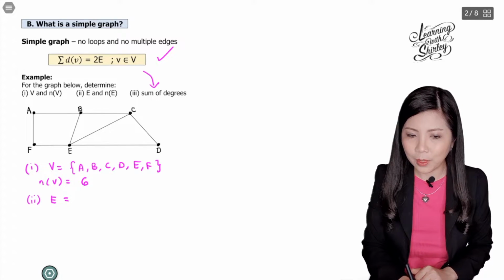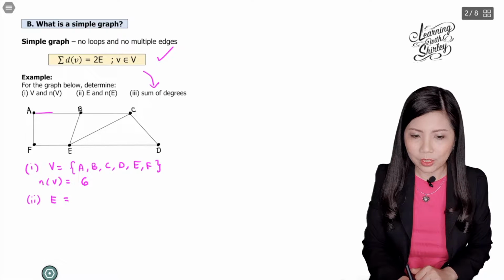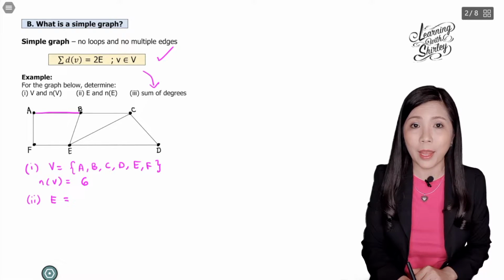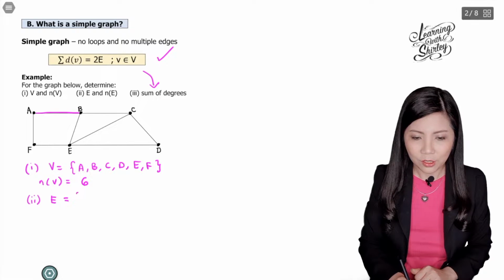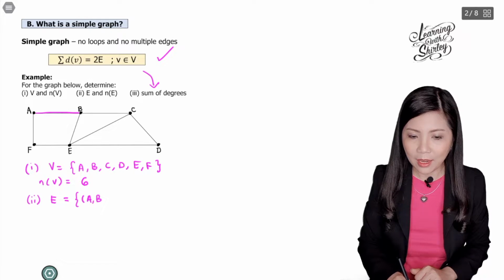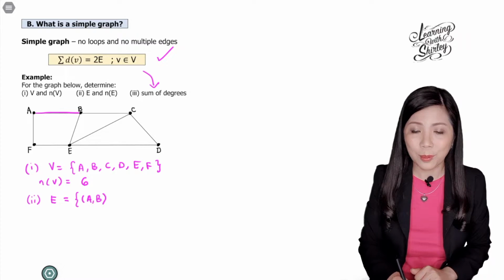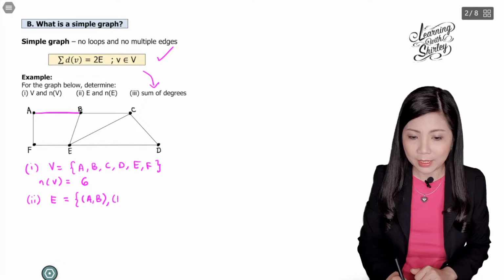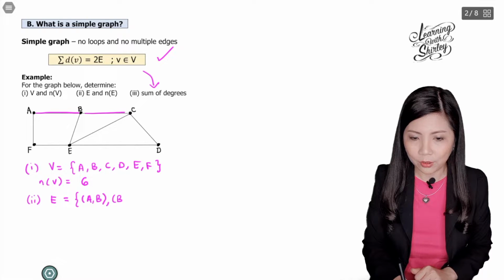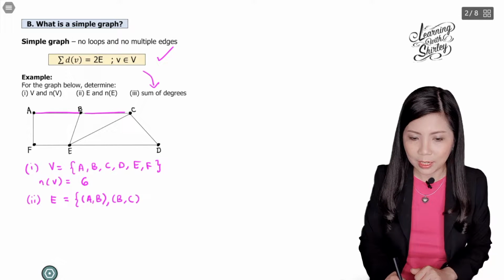Next, number 2, edges. Edges will be the lines which join two vertices, say from A to B. I'm going to write in set form, in ordered pairs. (A, B) means the line that joins A to B. Next will be (B, C), meaning B is joined to C. Then CD.